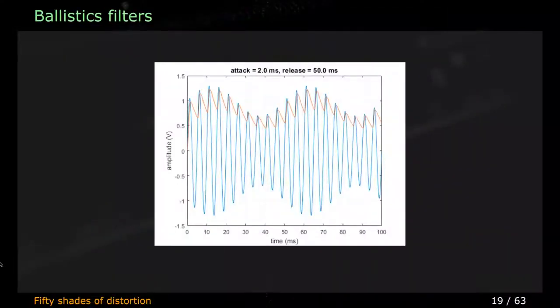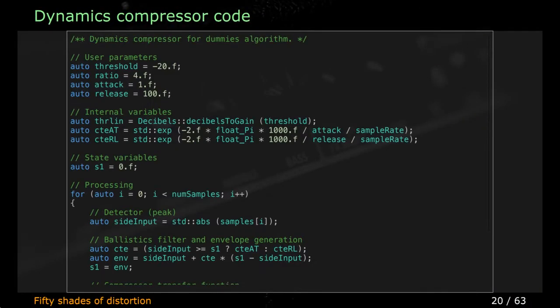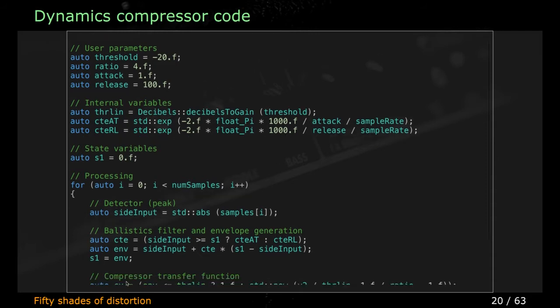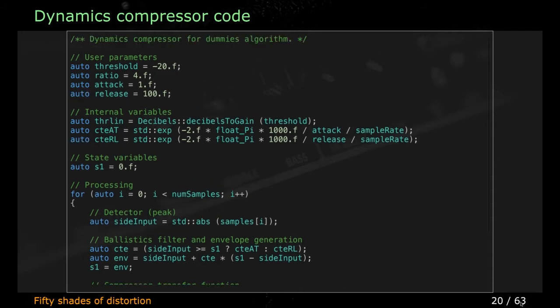And this is how we do compression. And this is a very basic compression algorithm code that you will be able to download on the JUCE forum. And it is just doing what I just said before and nothing else. And it sounds quite good, just doing something like that, even if you can improve it if you want.